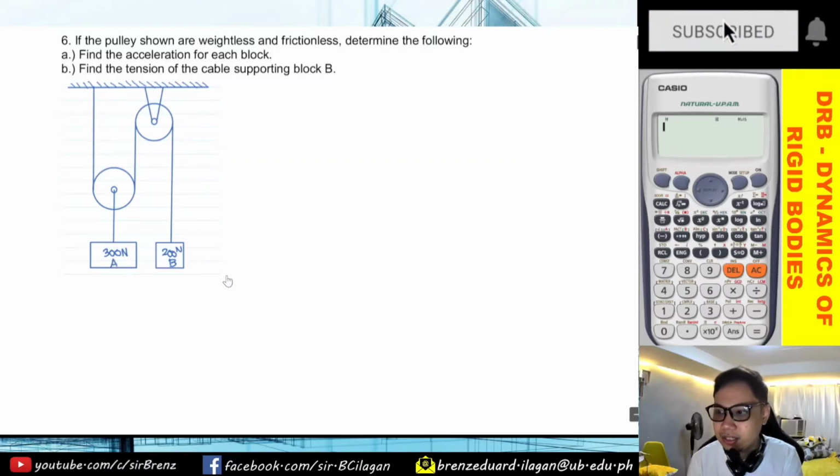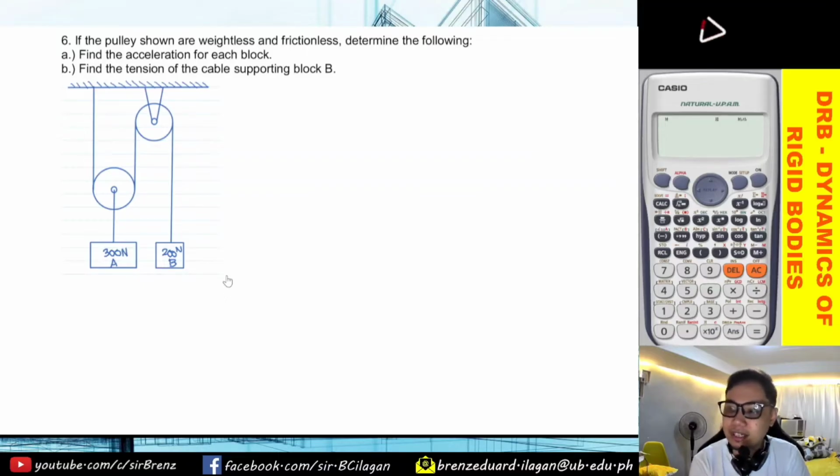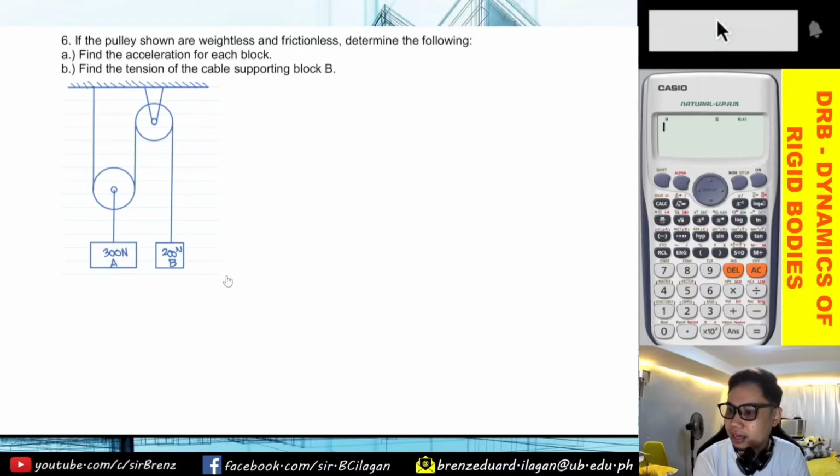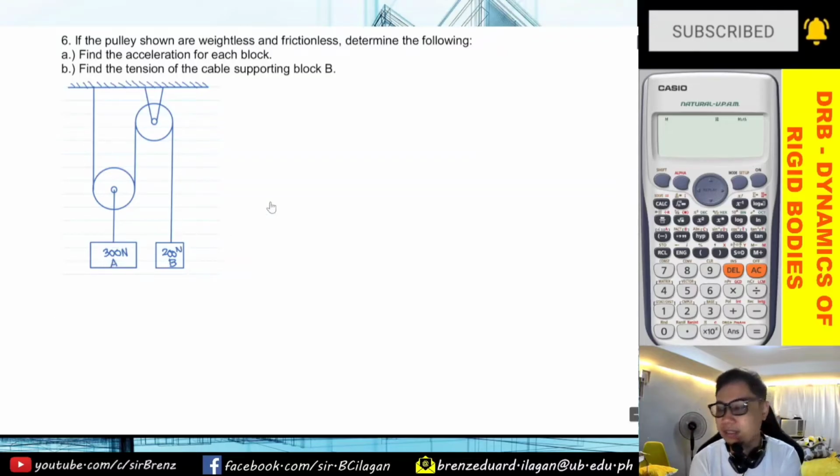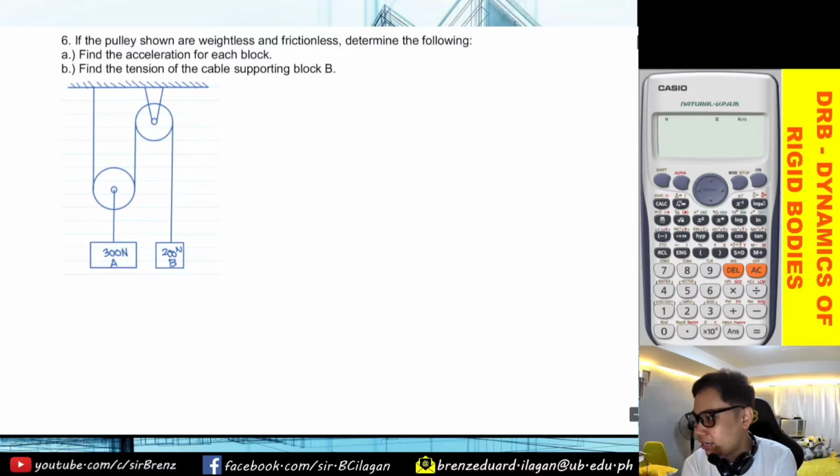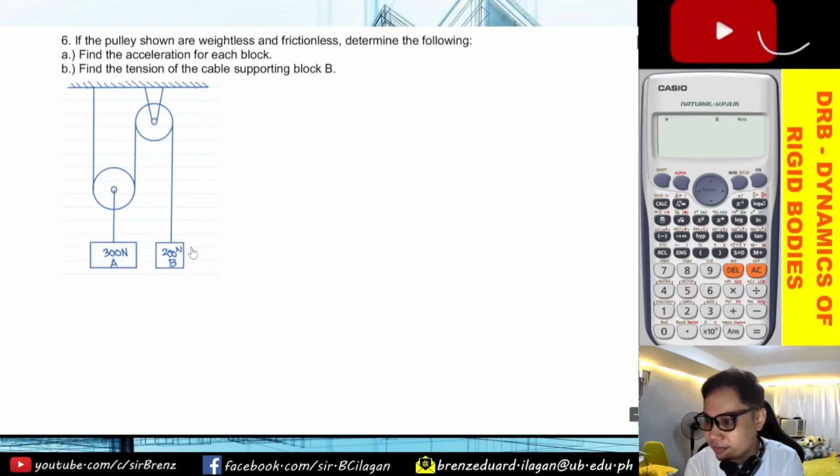Pero sabi ko nga, wala namang problema kung magkamali ka ng assume ng direction ng acceleration or yung movement ng iyong system. Since wala namang friction na pinag-uusapan dyan, okay lang yun. So ang gawin natin, i-ano natin yung solution na kung saan ang bababa is yung block A mo, and yung tataas si block B. So ang gawin natin, again, kapag acceleration nga, ito siya.